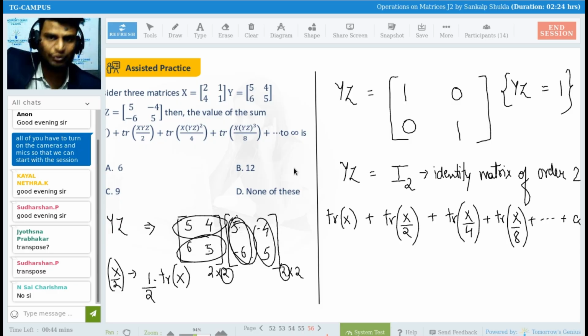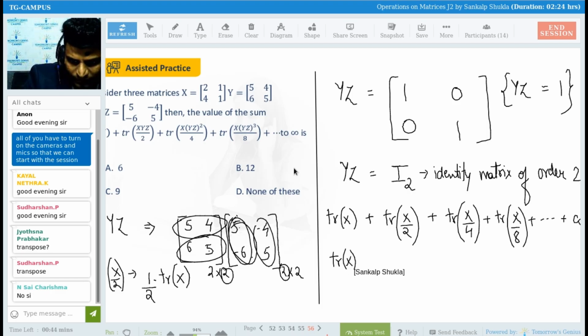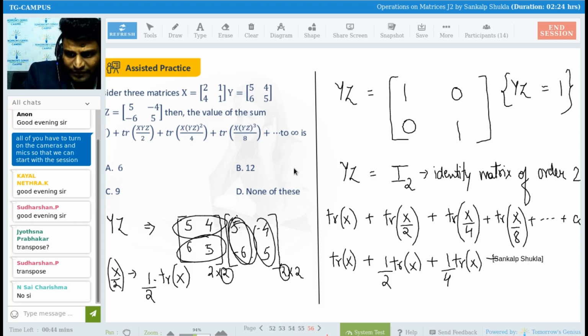You don't have to calculate a new matrix. You already have the X matrix with you now, so you don't have to calculate X by 2, X by 4, X by 8. So what happens is, you can write this as trace of X plus 1 by 2 times trace of X. This can be written as 1 by 4 times trace of X. This can be written as 1 by 8 times trace of X, till infinity.